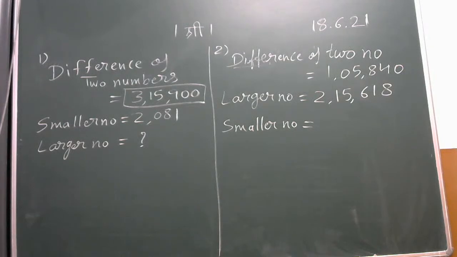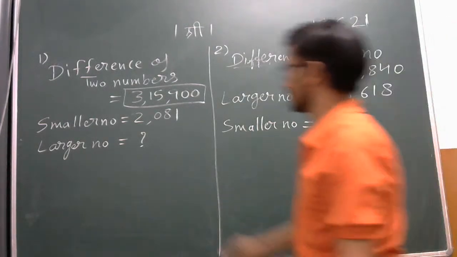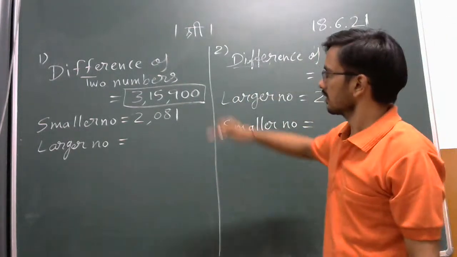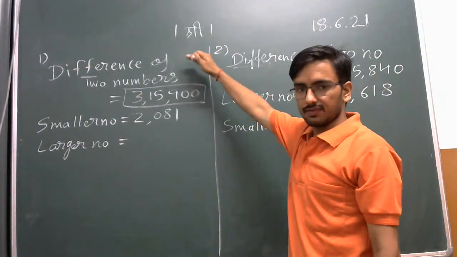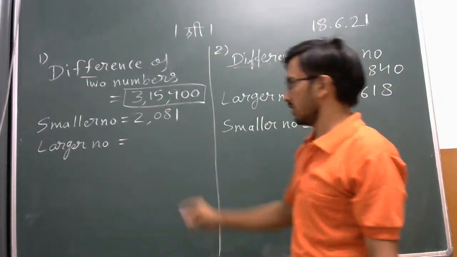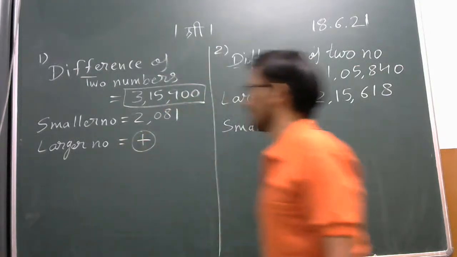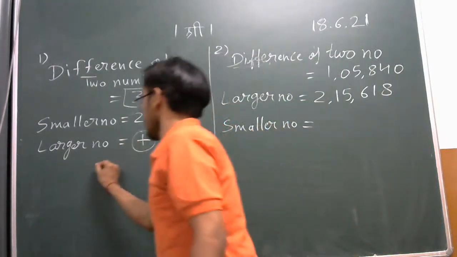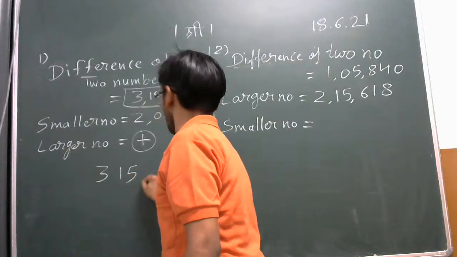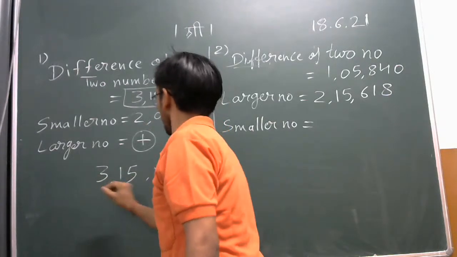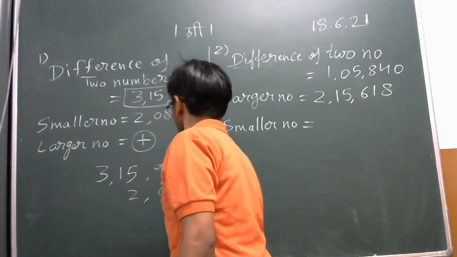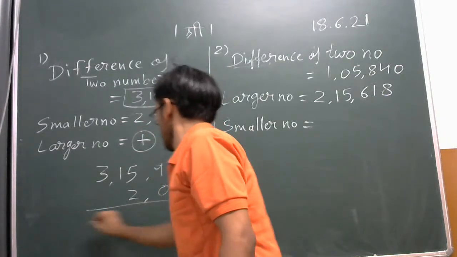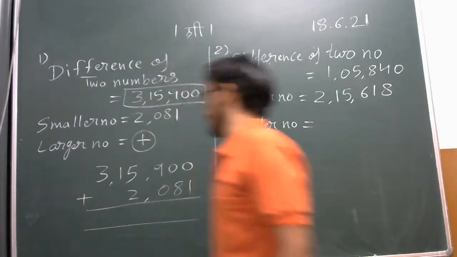For finding the larger number, when we have two numbers and their difference, if the difference is given and the smaller number is given, for the larger number, let us just add them. 315,9081. Simply add.